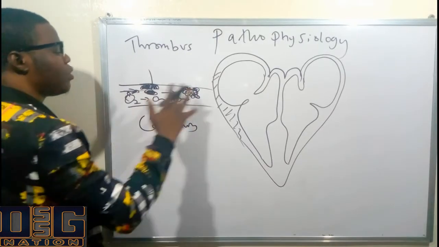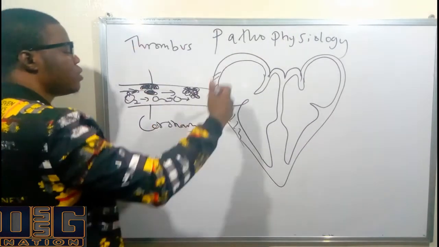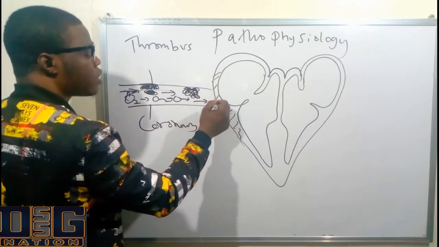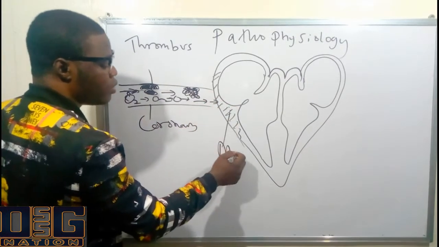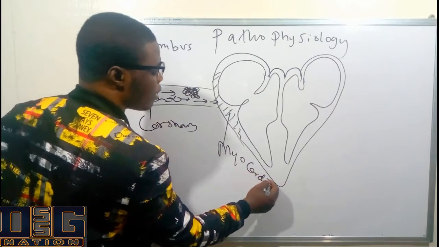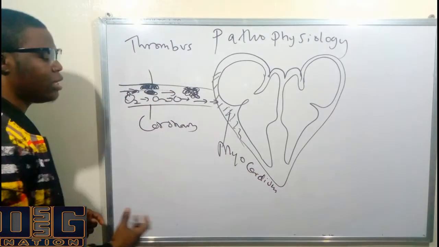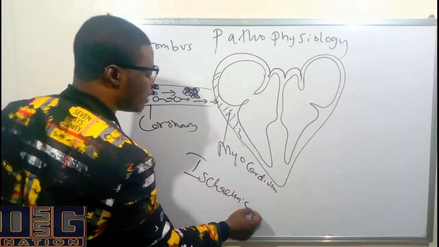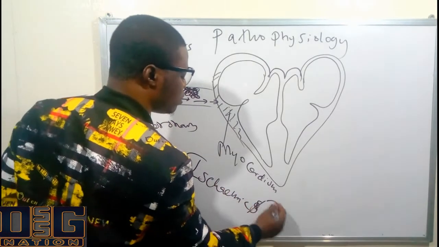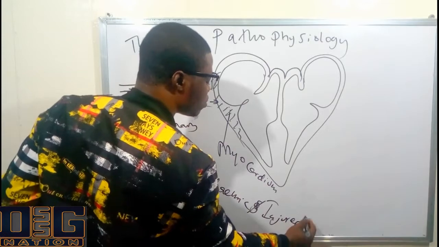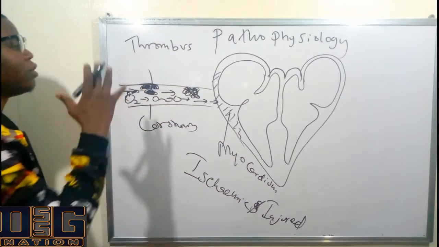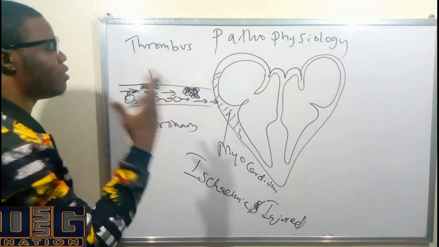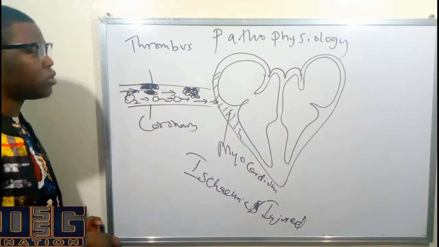When that occurs, there will be reduced blood supply and reduced oxygen supply to the myocardium, the muscle layer of the heart, and the muscle layer is going to become ischemic and injured. That will take us to the zone of myocardial infarction, the zone of infarction, so the zone of death.